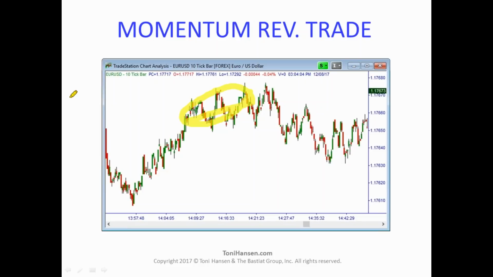So the strategy that I'm going to show you first is called a momentum reversal. Now, we didn't quite catch the original entry on this momentum reversal when we pulled it up. It was moving very, very fast. But the trigger for the original trade would have been where you are looking for basically an upswing with a little bit of a pause in it.